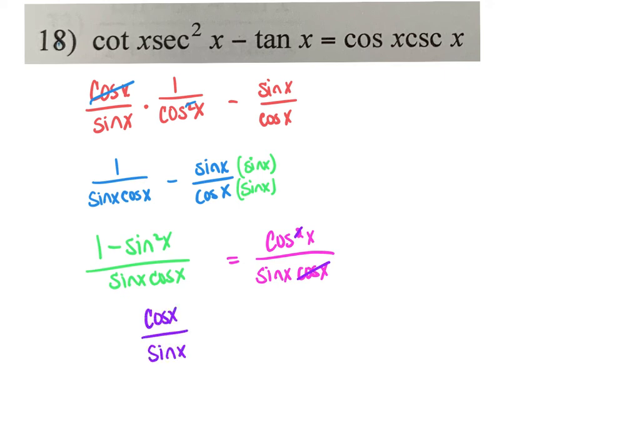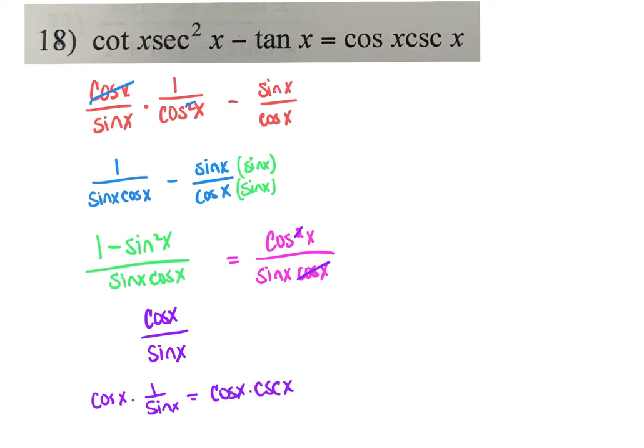Now, if I did not have a right-hand side here, your answer would be cotangent. But you are trying to make the left-hand side look like the right-hand side. There are two ways to do this. One, you can simply see that that is cosine of x times 1 over sine of x, which will give you cosine of x times cosecant of x.